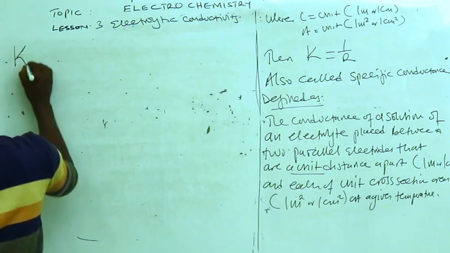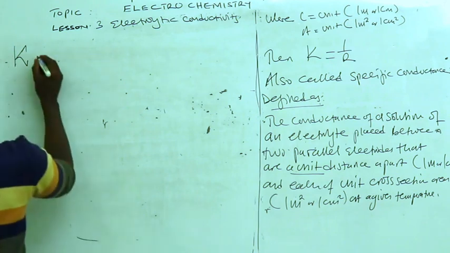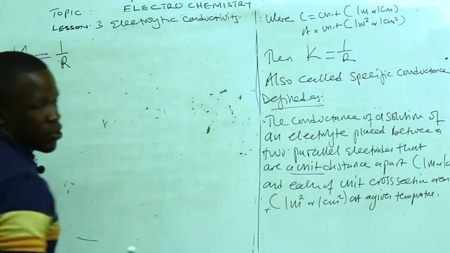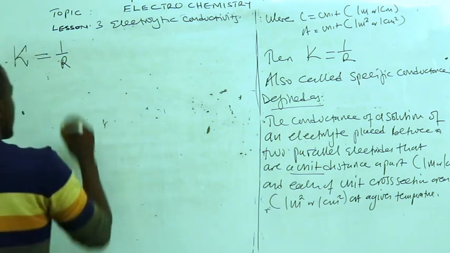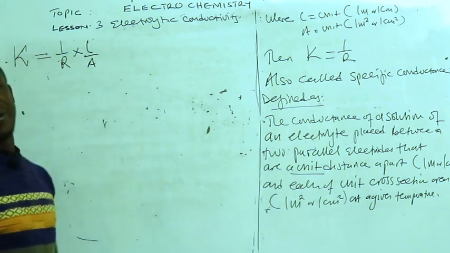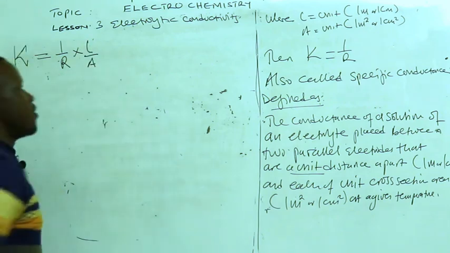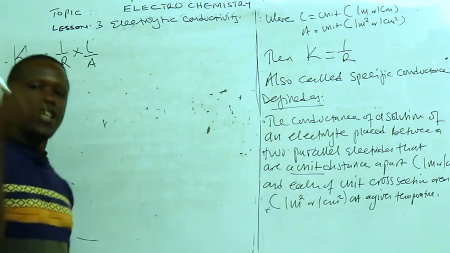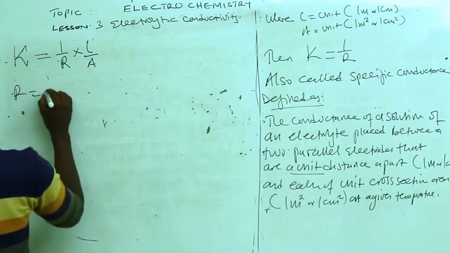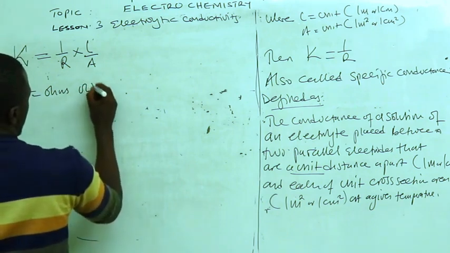If K, the symbol for electrolytic conductivity, is equal to 1 over R, which we are calling conductancy, times length over A, called the cell constant, then by substituting the standard units of each of the variables here, we can get the units of K. Now, R is measured in ohms, sometimes just written with the symbol of an ohm.